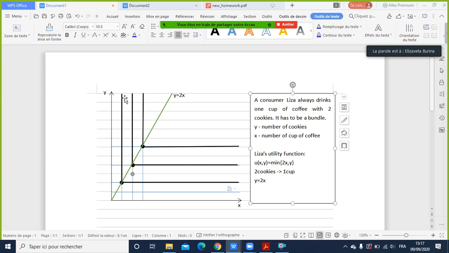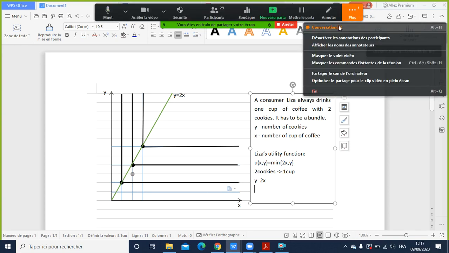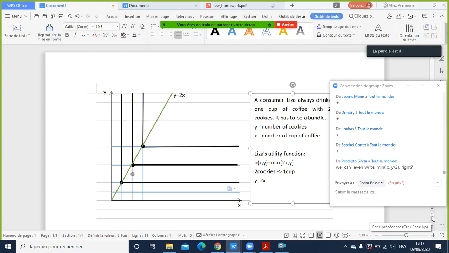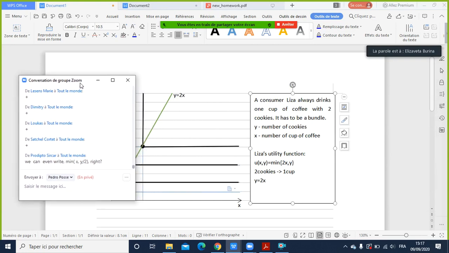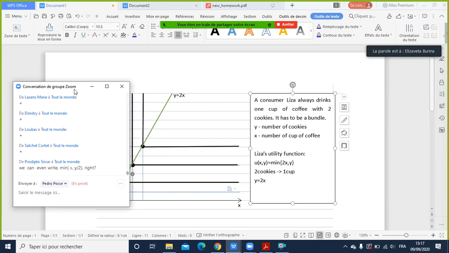So let's think. So the first utility thing that I drew, the first utility, wait a second. We can even write minimum. Mathematically, yes. Economically, in this case, we cannot write min x y over 2 because that will mean something like a half cup of coffee.